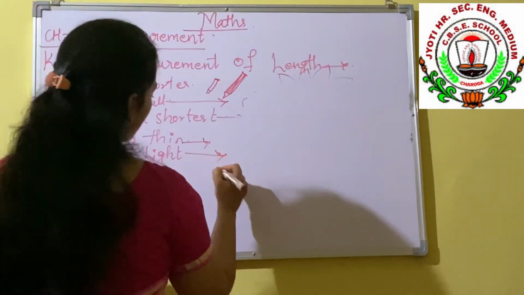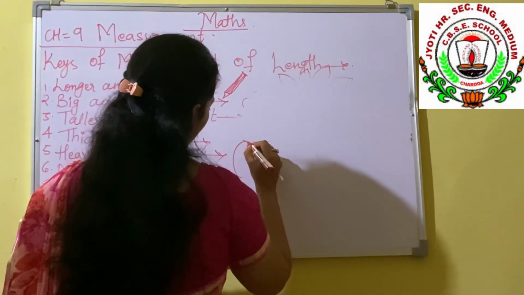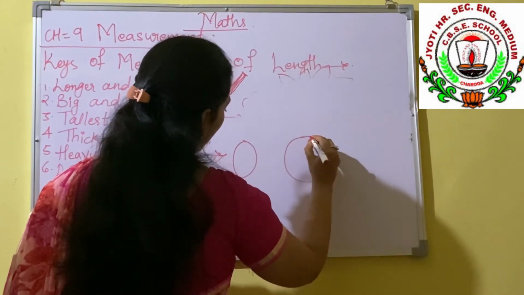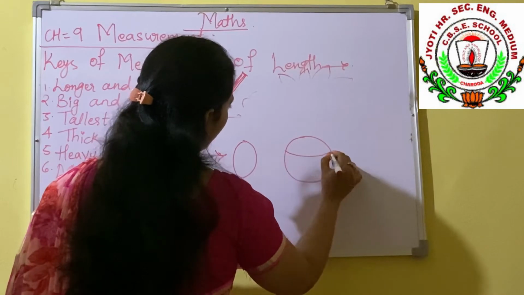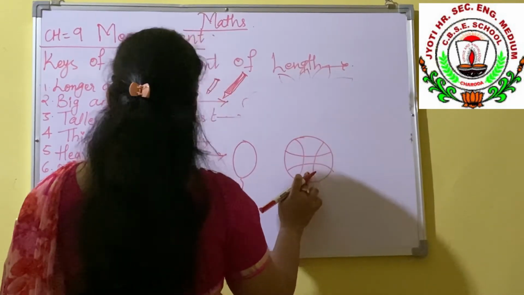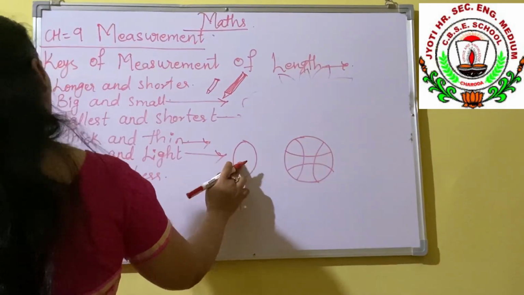Heavy and light. Here we are having one balloon and one ball. Which one is heavy, student? This ball is heavy and this one is light.